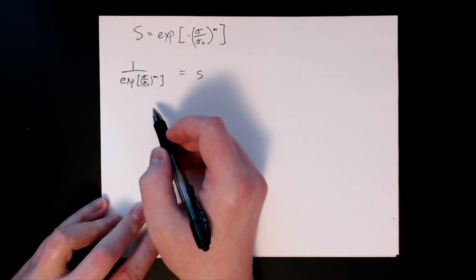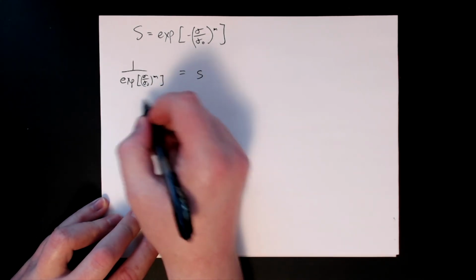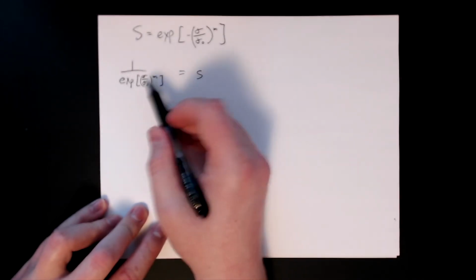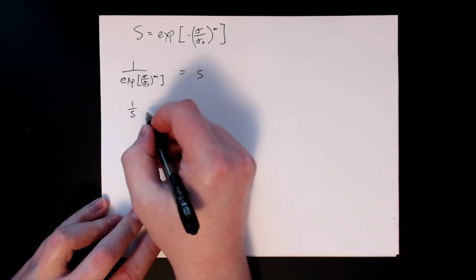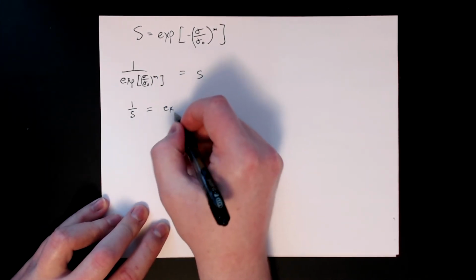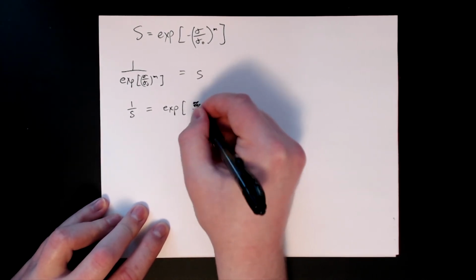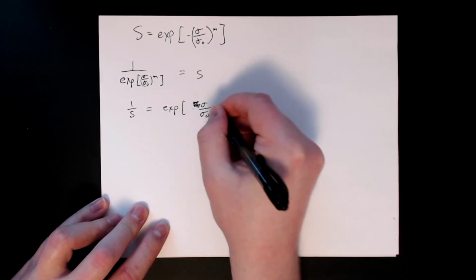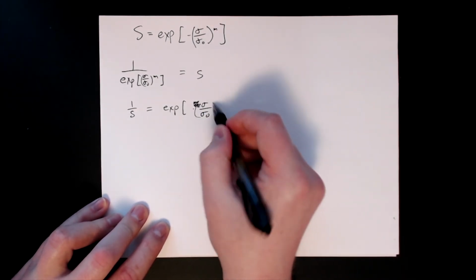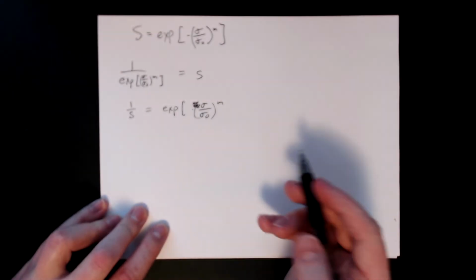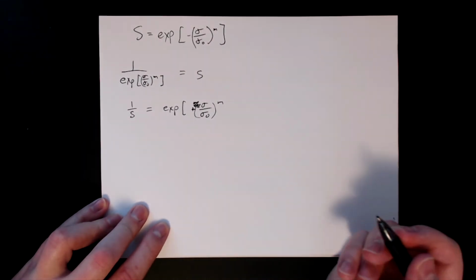So if I rearrange this, and bring this over to this side and the s over to this side, I get 1 over s equals exponential of sigma over sigma naught. Again, we've just gotten rid of the negative sign, so this is a plus.